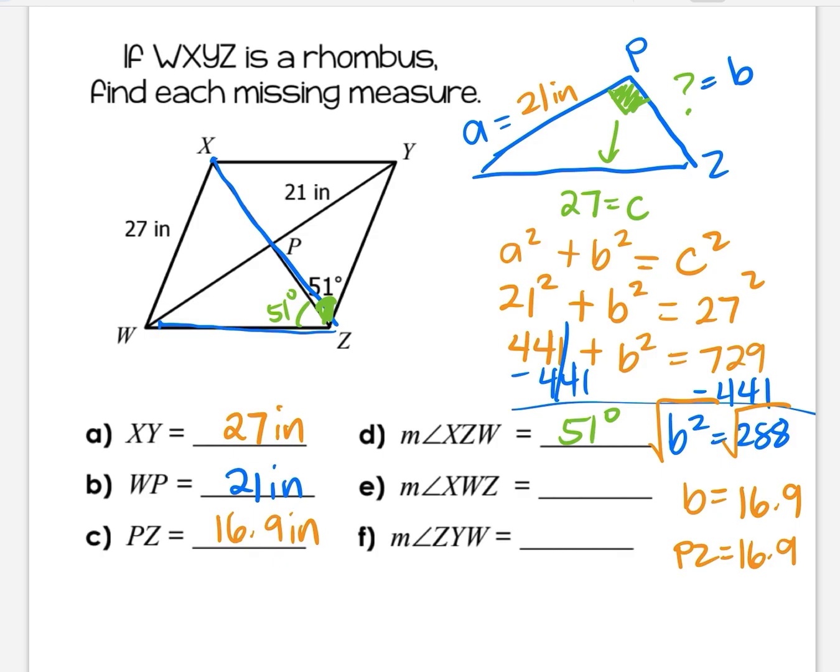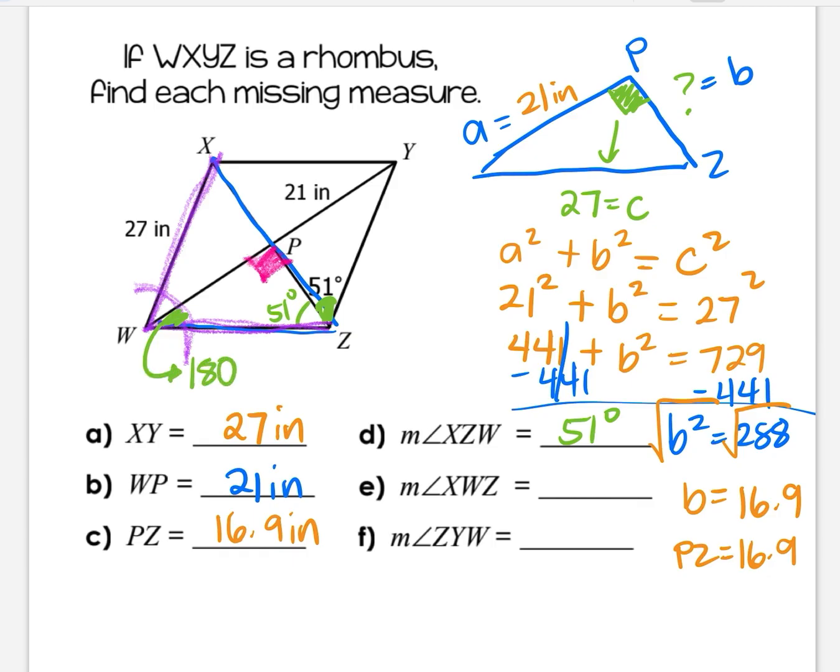The next unknown is the measure of XWZ. So it's this whole angle, and I have to find this angle. In order for us to find one angle right here, since we know that this is a right angle, we can find this particular angle by taking 180.